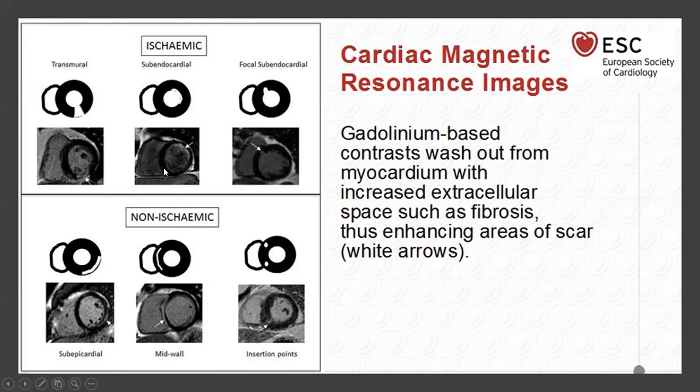If you look at the schematic representation on my left-hand side, you can see the washout period here where you're getting that whiteness, if I can put it that way, which can show you that there is myocardial involvement that is either transmural, involving the whole myocardium, or subendocardial, or just a focal subendocardial ischemia.